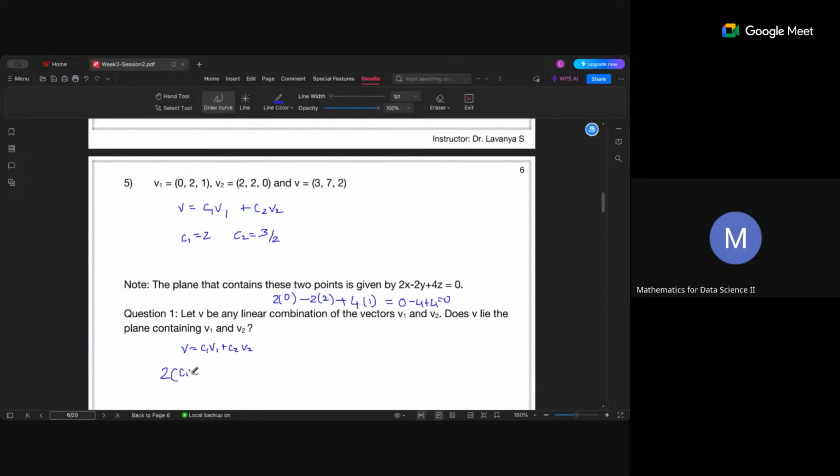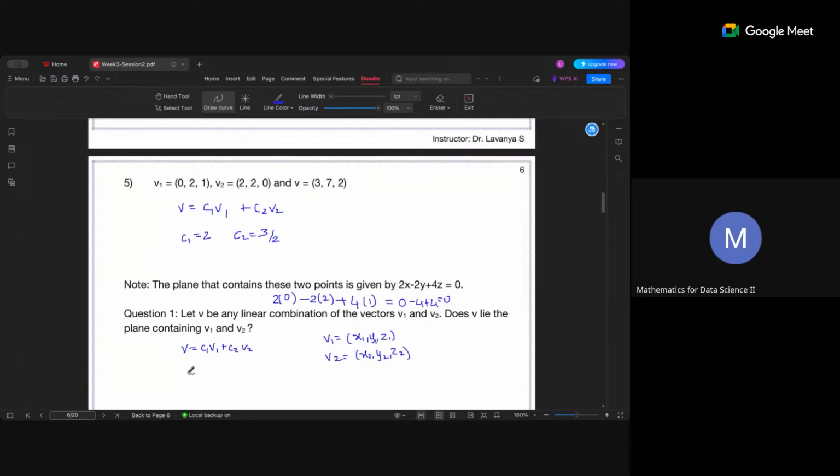2 times C1 V1, maybe I should write what V1 and V2 are, then only we can do this. Otherwise, it does not make sense. So V1 is equal to, let us say, X1, Y1 and Z1. And V2 is equal to X2, Y2 and Z2. Now we can do that. C1 V1 is nothing but C1 X1, C1 Y1 and C1 Z1.